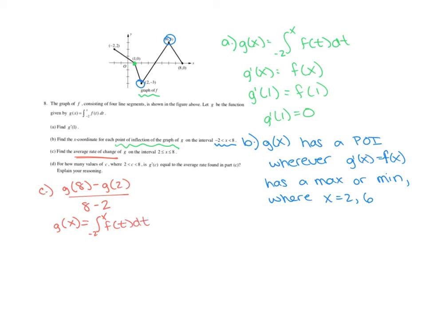So g of 8, I would plug in 8 for x. So now we need to look at this, and this is something from before break. The integral from -2 to 8 of f of t dt, I can look at this in terms of area.